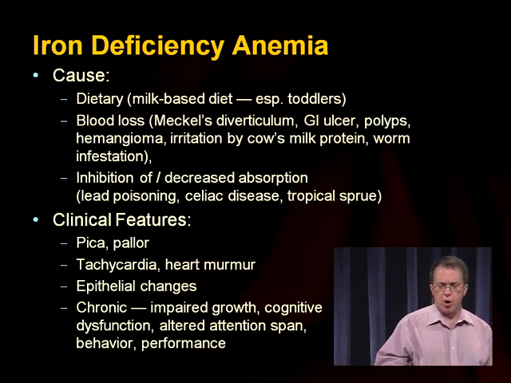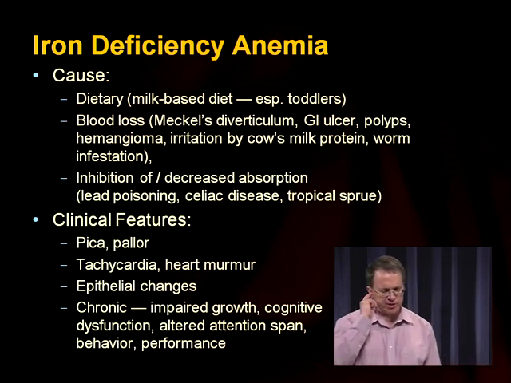But diet isn't the only cause. Sometimes you can have something like a Meckel's diverticulum, ulcers, polyps. One that's often seen is irritation by cow's milk with allergies. And I can't say that I've ever seen it, but worm infestations are also on the differential diagnosis.